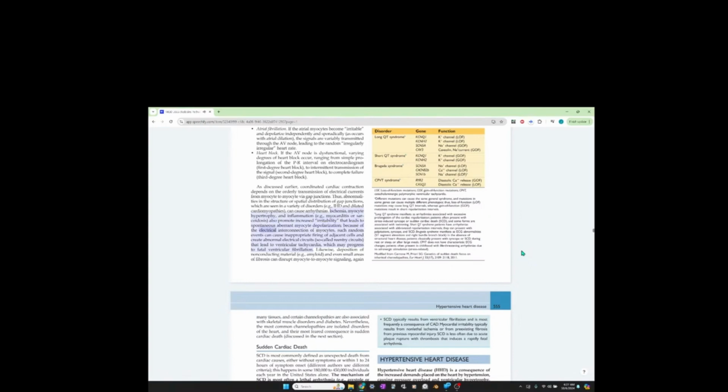Because of the electrical interconnection of myocytes, such random events can cause inappropriate firing of adjacent cells and create abnormal electrical circuits that lead to ventricular tachycardia, which may progress to fatal ventricular fibrillation. Likewise, deposition of non-conducting material in even small areas of fibrosis can disrupt myocyte-to-myocyte signaling, again sowing the seeds for development of reentry circuits that can give rise to potentially fatal arrhythmias.